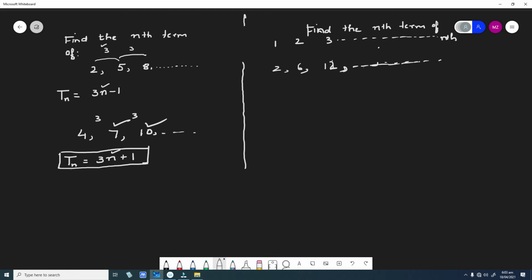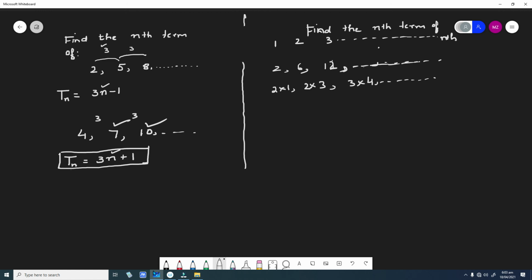So as you can see, you can write 2, 6, 12 in a pattern. 6 can be written as 2 into 3, and 12 can be written as 3 into 4, and so on.